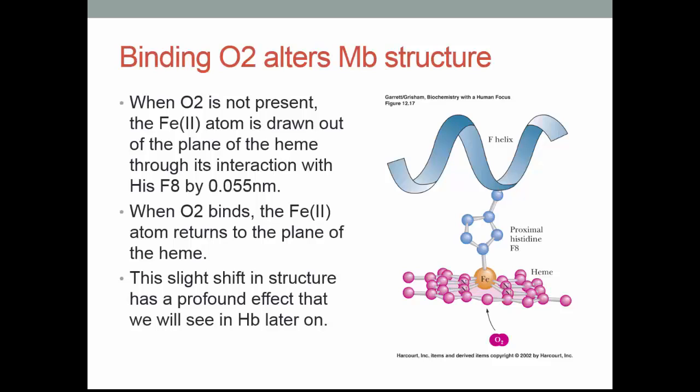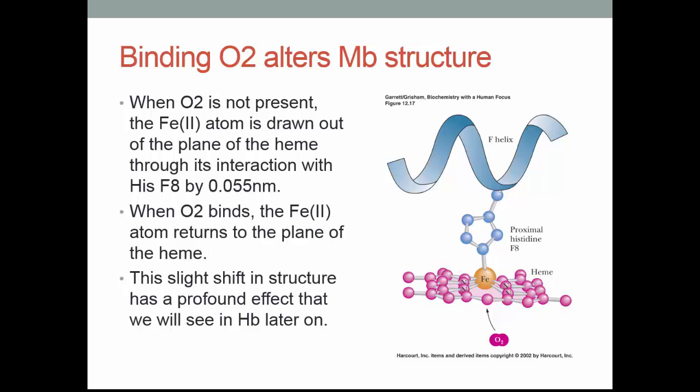The binding of oxygen to myoglobin alters the overall tertiary structure of the protein. When oxygen is not present, the central iron atom is drawn out of the plane of the heme through interactions with proximal F8 histidine by approximately 0.05 nanometers.